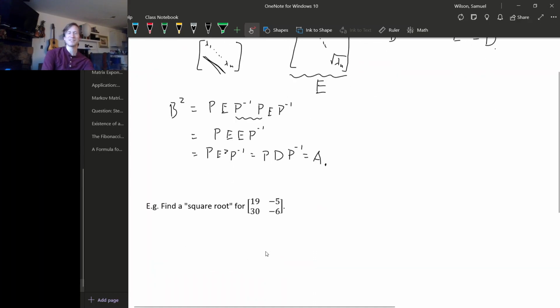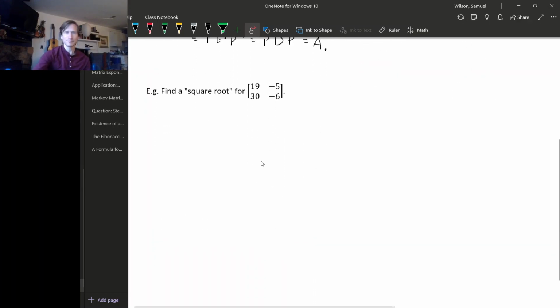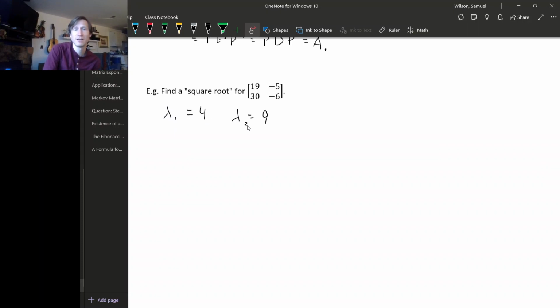So let's actually see how this works out in an example. Let's find the square root of this matrix here. Fortunately, I have pre-computed all of the eigenvalues. The eigenvalues for this matrix are 4 and 9. And since they're distinct, the eigenvectors that go with these eigenvalues are going to have to form a basis for R2.